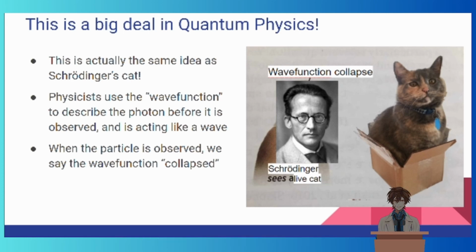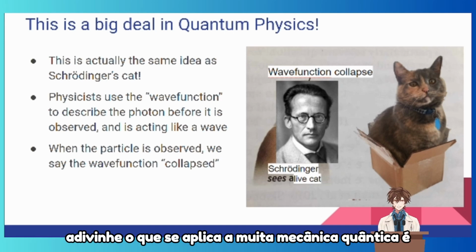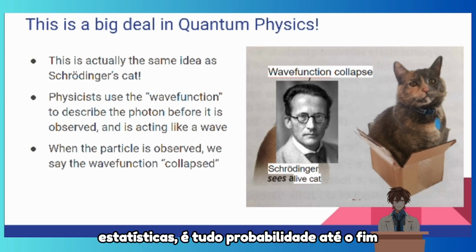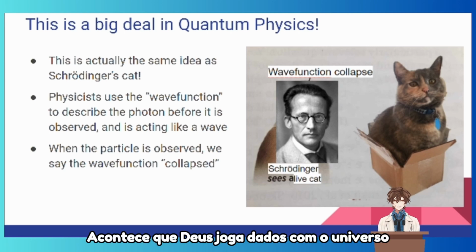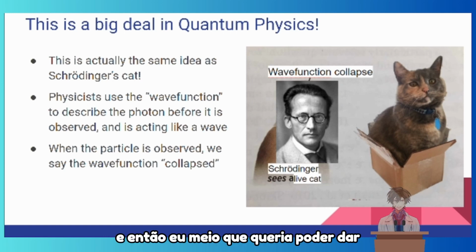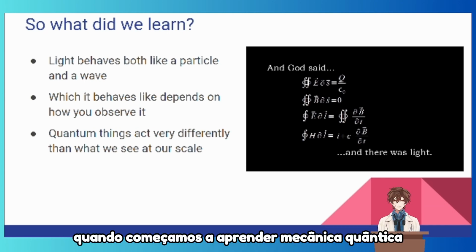What applies to a lot of quantum mechanics is, as was being discussed earlier, statistics. It's all probability all the way down. Turns out God does play dice with the universe, and Einstein was wrong. I wanted to give an introduction into what kinds of ideas we work with when we start learning quantum mechanics.